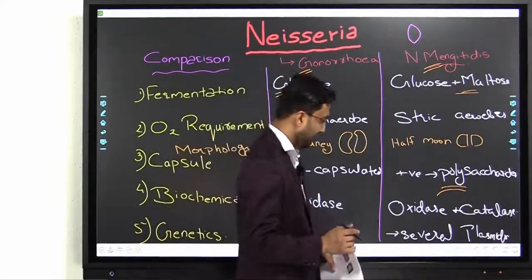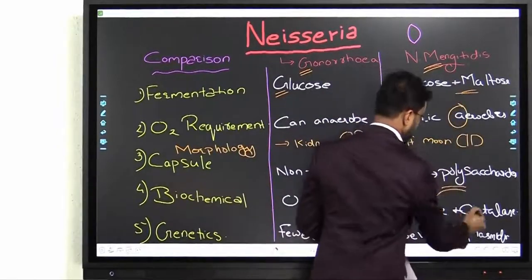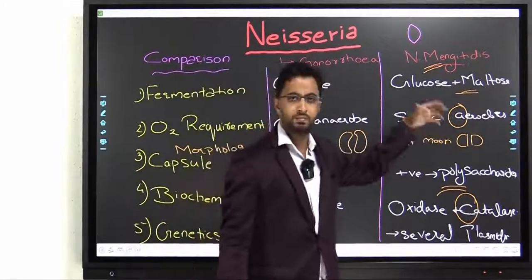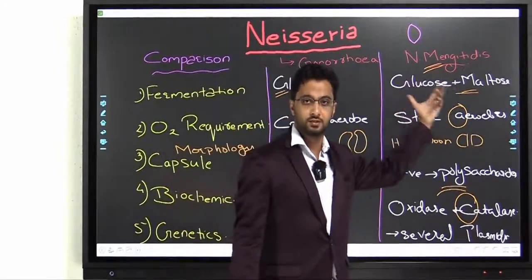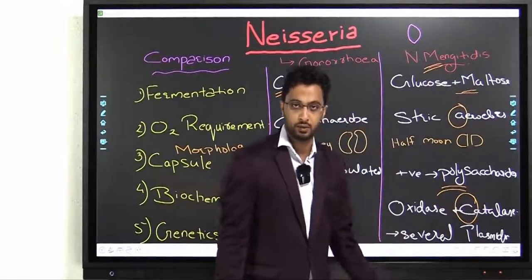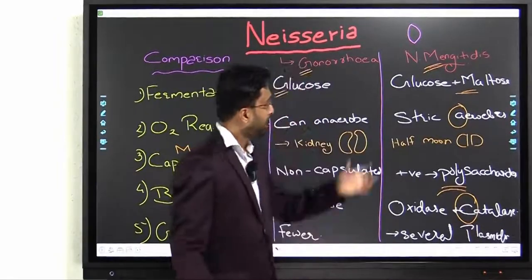What is the AC telling about? AC means aerobe. You can also remember it as air conditioned air, aerobes. C is catalase positive. So just try to remember this memory palace, and this is done.